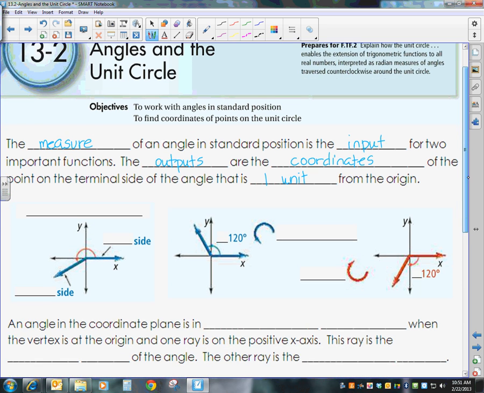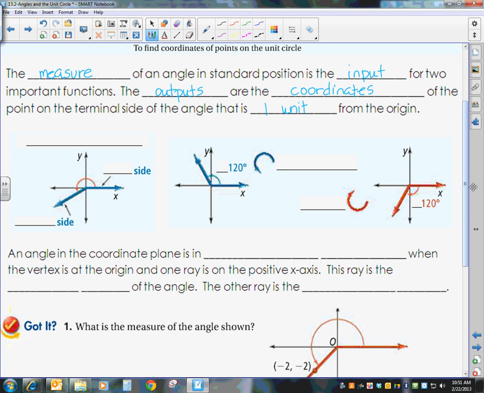Okay, so now let's define some things about angles so we all know what we're talking about and are on the same page. First off, an angle in the coordinate plane is in standard position when the vertex is at the origin and one ray is on the positive x-axis.